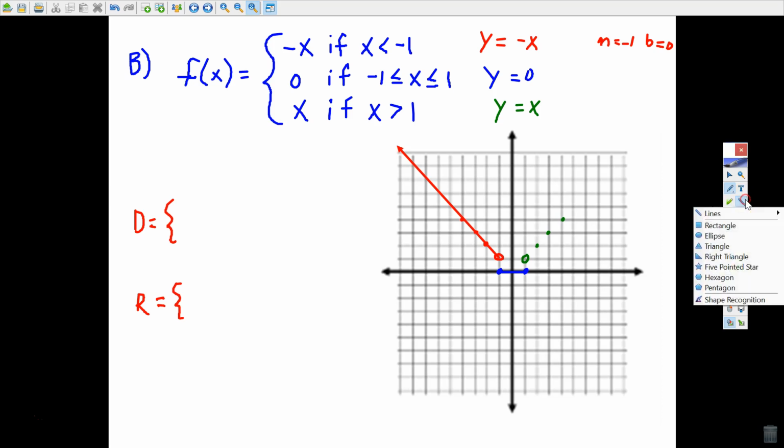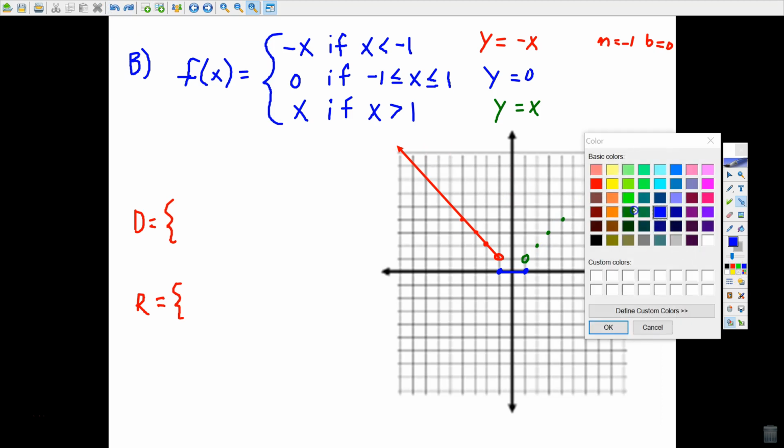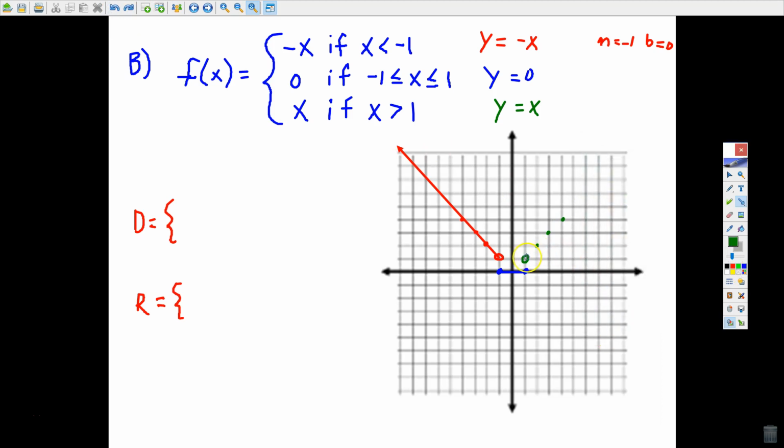So let me get my line ready, just an end arrow, and from +1, open circle. I had to color code it for you, so sorry about that. We are going to do this to represent the green.